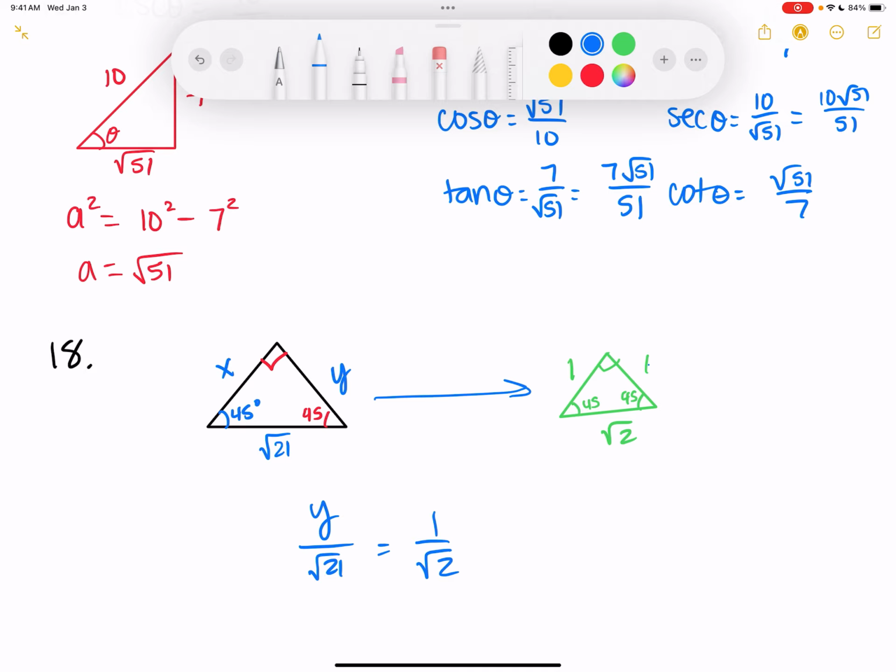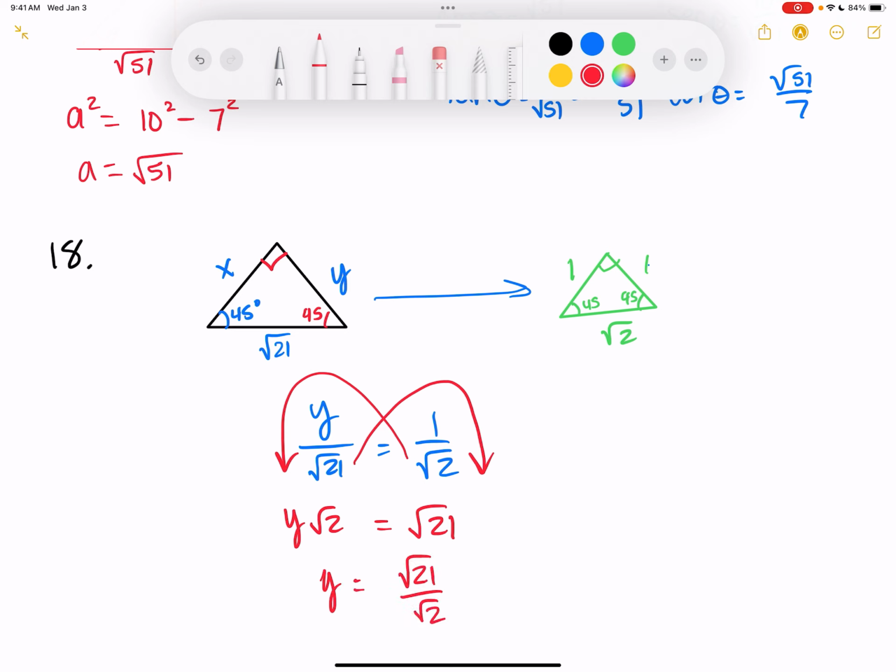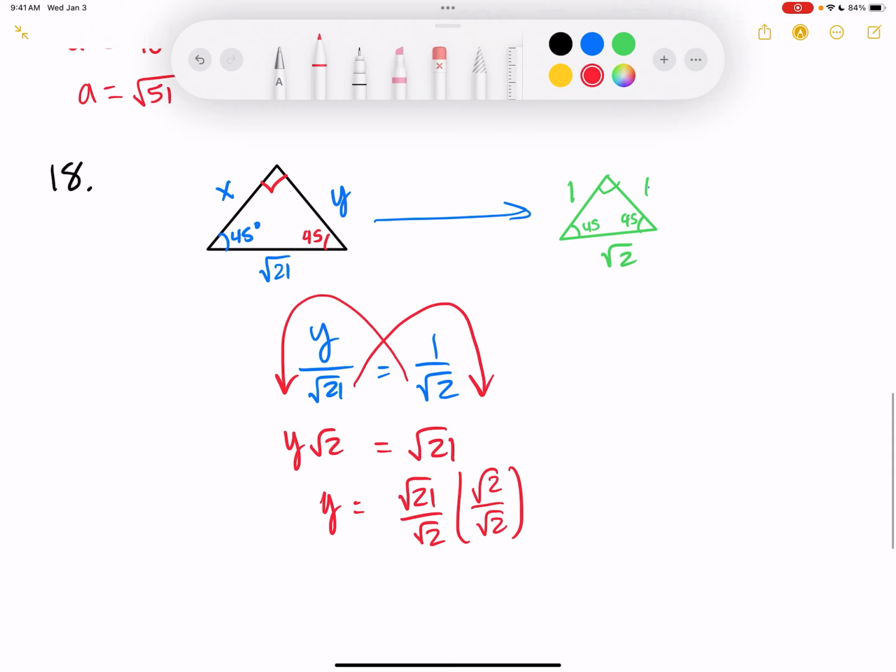And I'm going to cross multiply, so that's going to be y square root of 2 is equal to the square root of 21. Then I'm going to divide by the square root of 2, so y is equal to the square root of 21 over the square root of 2, which, multiplying by the square root of 2 over square root of 2 to rationalize it, is going to give me the square root of 42 over 2.